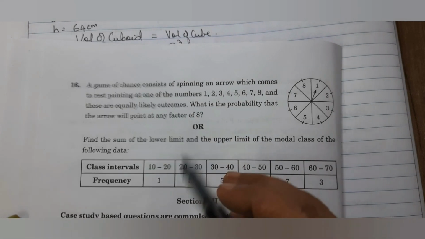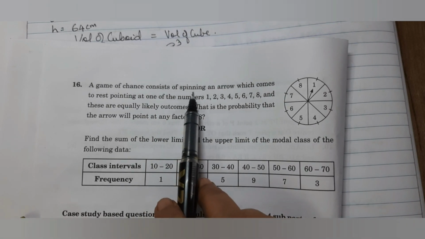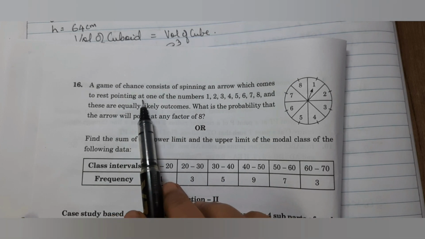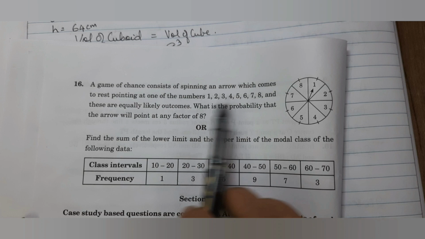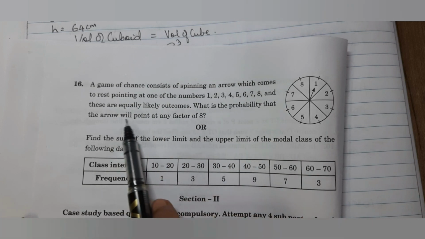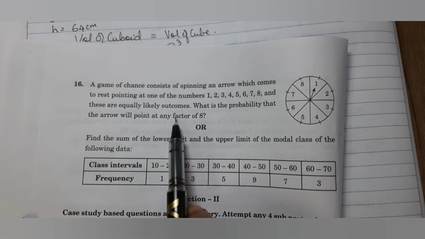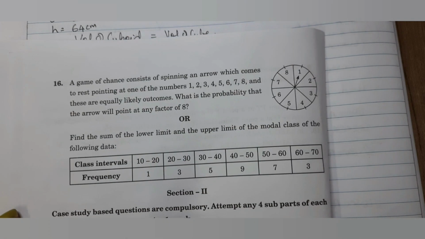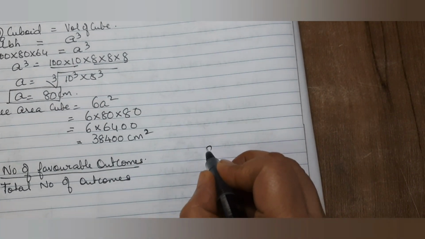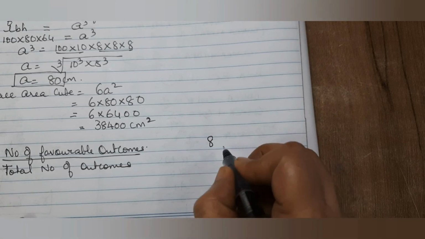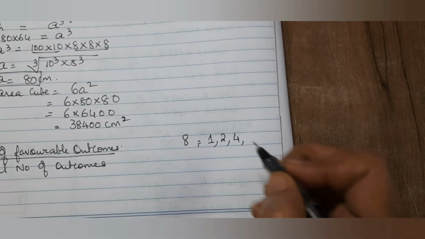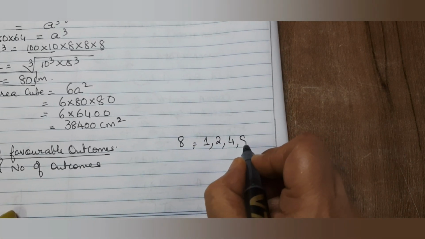So the 16th question: a game of chance consisting of spinning an arrow. This is a textbook question. The arrow comes to rest at a point on the numbers 1 to 8 and these are equally likely outcomes. What is the probability that the arrow will point at any factor of 8? So what are the factors of 8 over here? The factors of 8 are 1, 2, 4 and 8 as well.